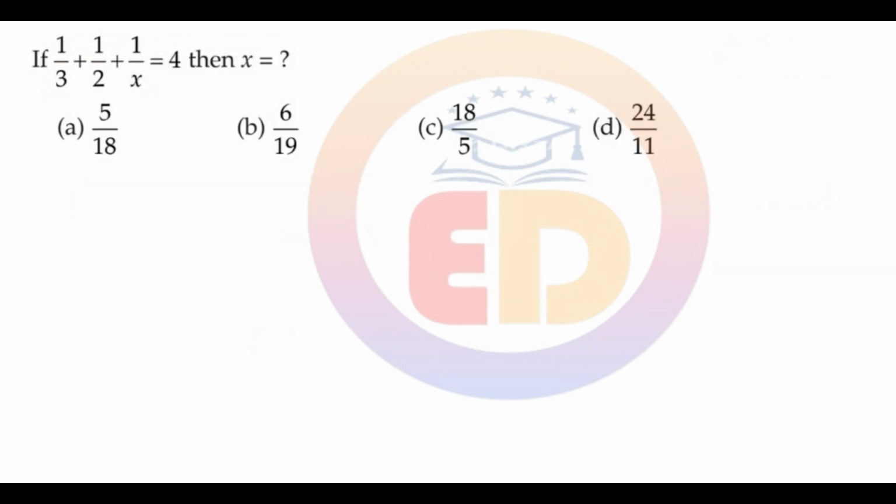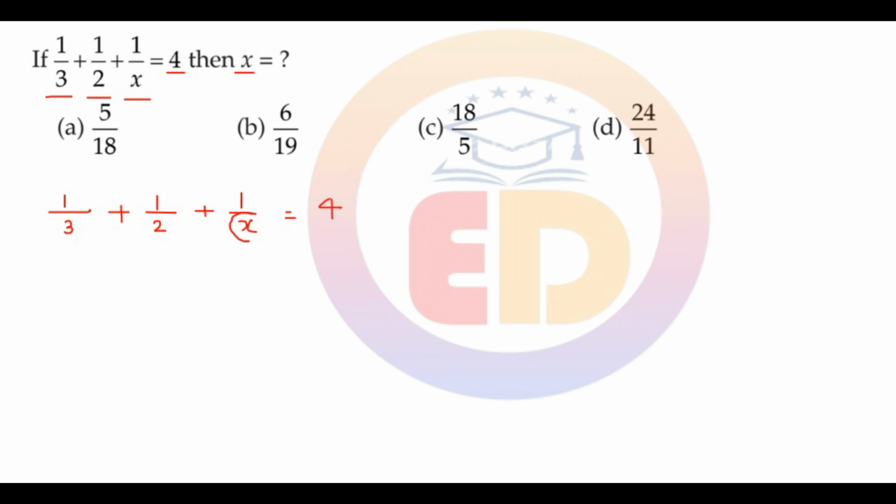The question says, if 1 upon 3 plus 1 upon 2 plus 1 upon x equals 4, then x equals how much? We have to find the value of x.